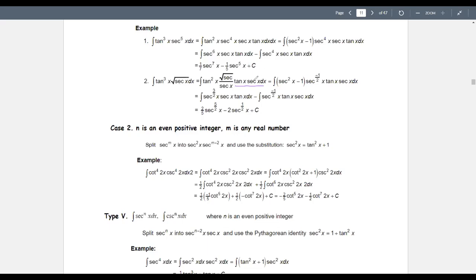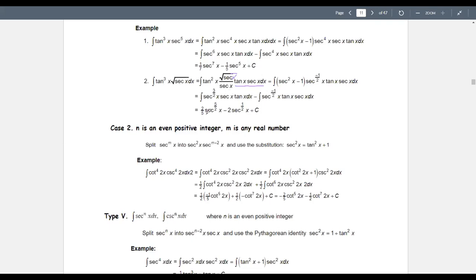Because anyway, that secant x over secant x is just 1. So since you place here secant x, then you place here 1 over secant x together with the square root of your secant x here. This expression, class, is the same as this.